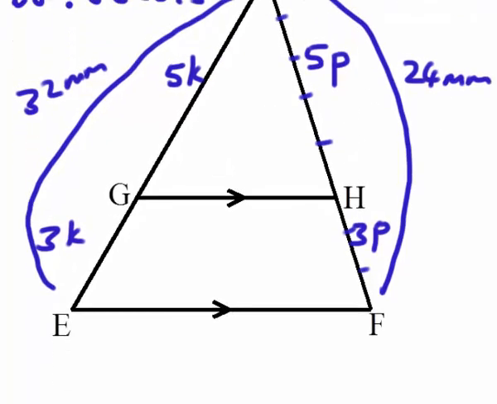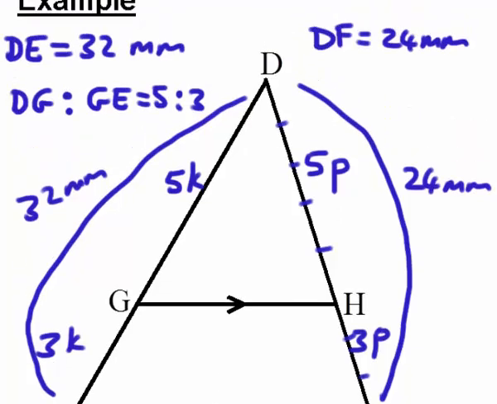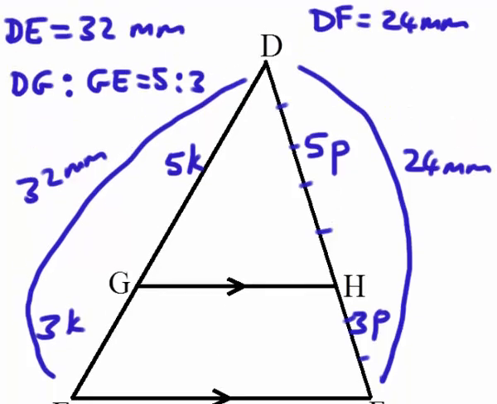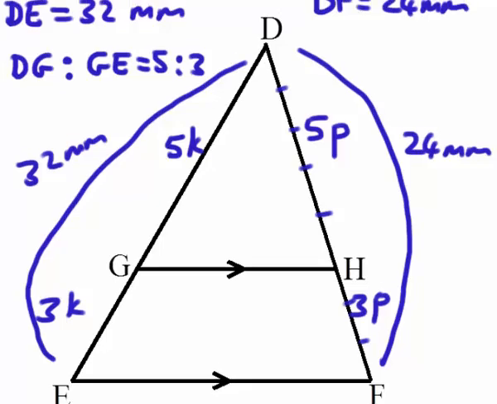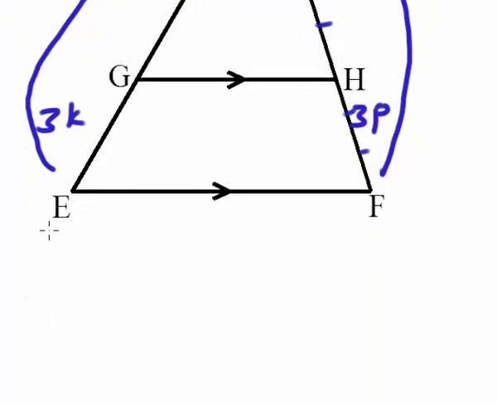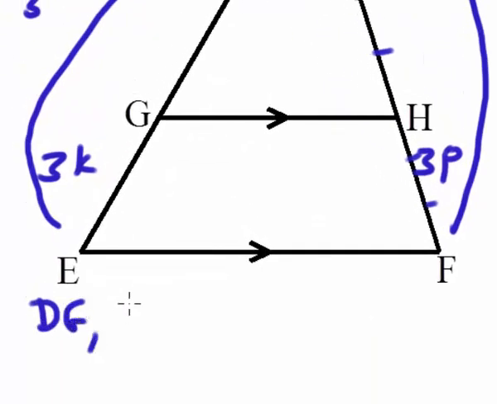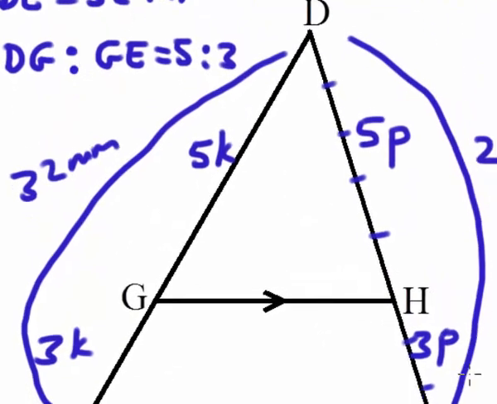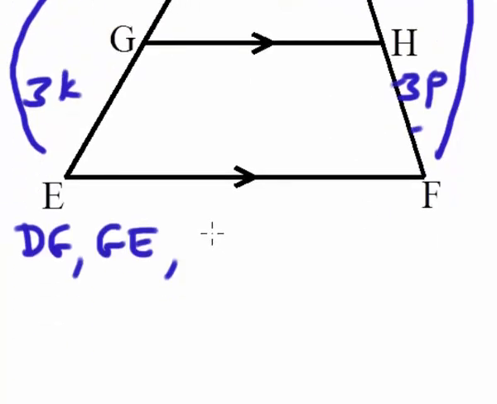All right, now the question I want to ask you is, how do you get the actual physical length of all of these sides? So you want the length of DG, GE, and you want the length of DH and HF. These are the lengths you want to find.